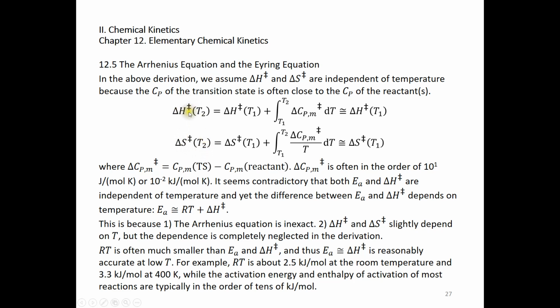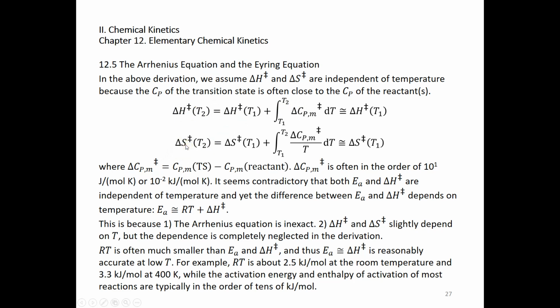You can see this enthalpy of activation at T2 is equal to enthalpy of activation at T1 plus this integral of delta CPM dT. And this integral is often smaller than this item or this item. Therefore, we often say the enthalpy of activation is approximately independent of temperature.